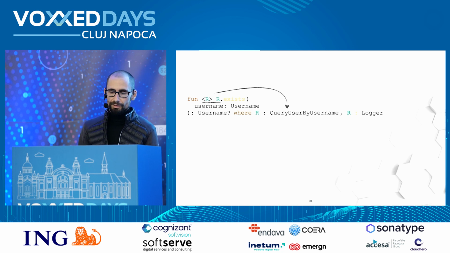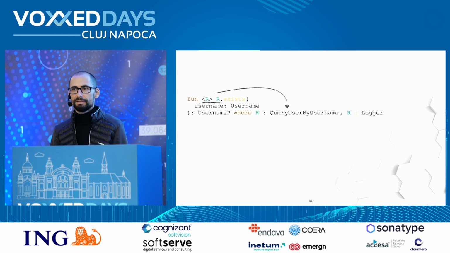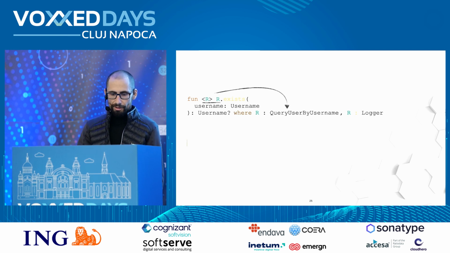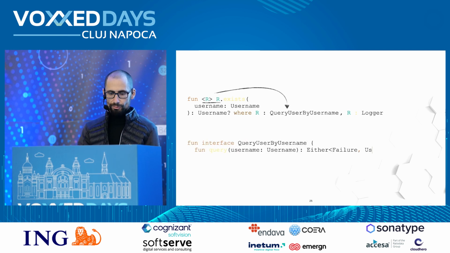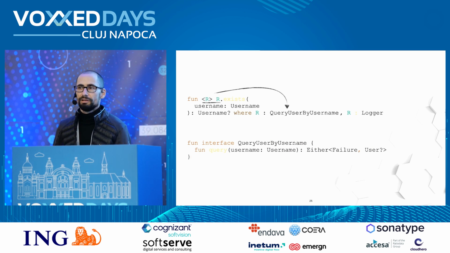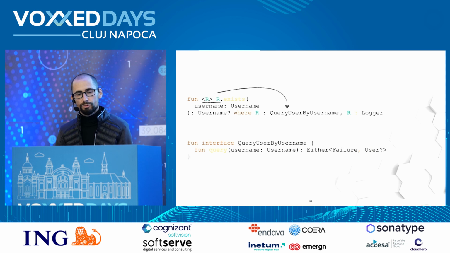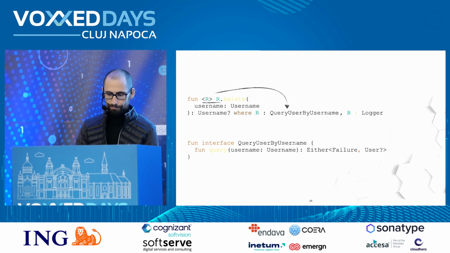But with this technique, you could pass as many dependencies as you want to a function. And query user by username is a functional interface, or a single abstract method, that we are going to use for multiple reasons, but we're going to see in a bit.